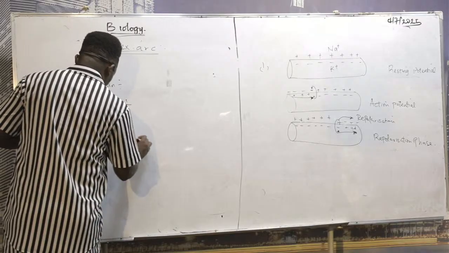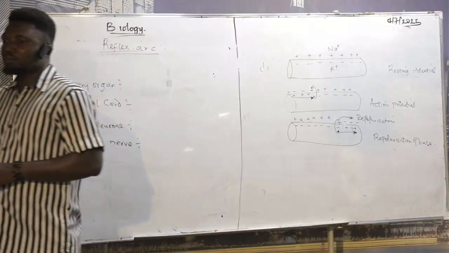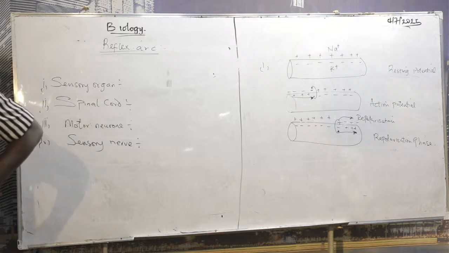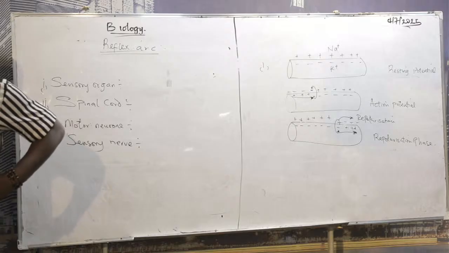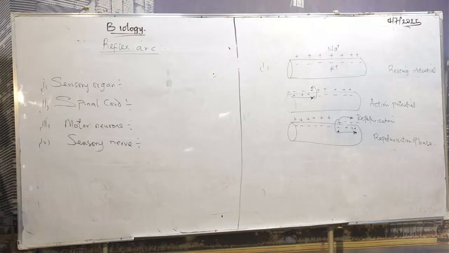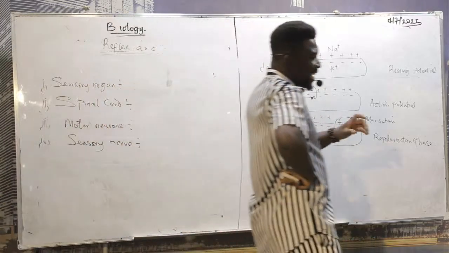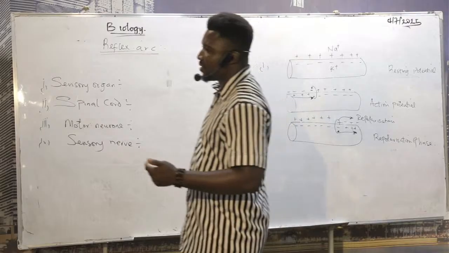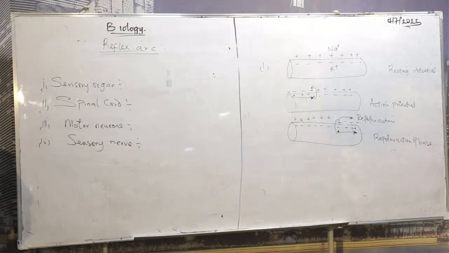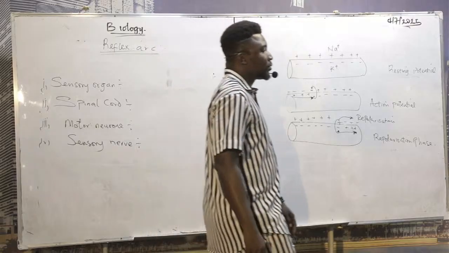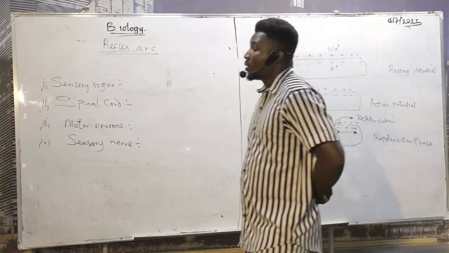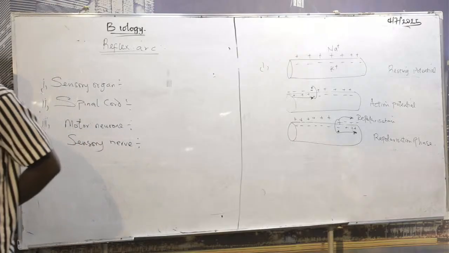Sensory nerve: it is responsible for transmission of impulses from the sensory organ to the CNS.